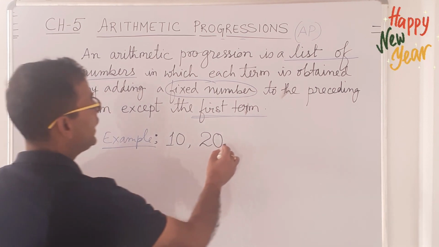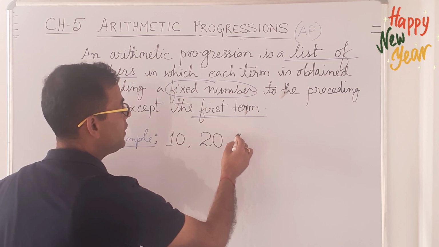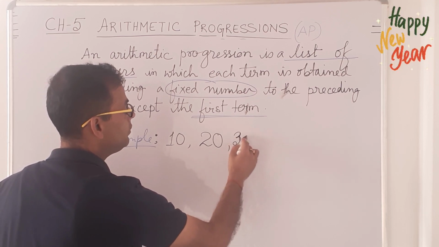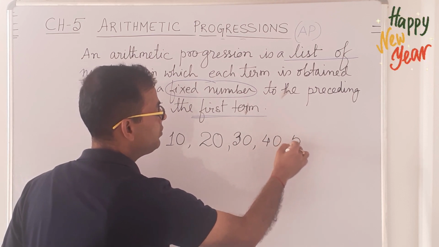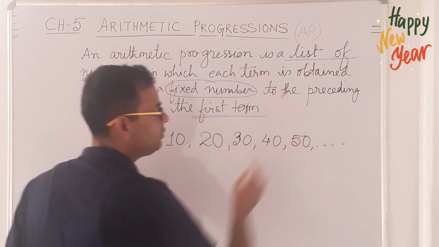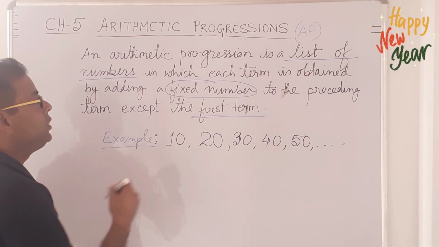Then again, this is preceding, you add 10, so it becomes 30. Again adding 10, 40, again adding 10, 50, and like this it will go on. Clear? So what is the fixed number you are adding?